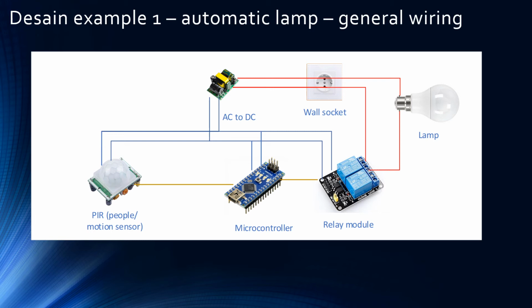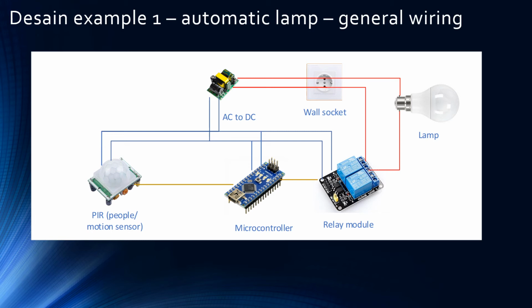So in a very periodic time, the microcontroller is always checking the input. Is there any person? No. Okay, 0. Is there any person? No. Okay, 0. So the microcontroller does this periodic check every single millisecond.